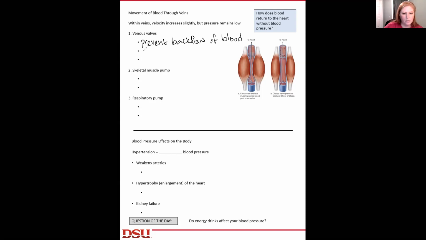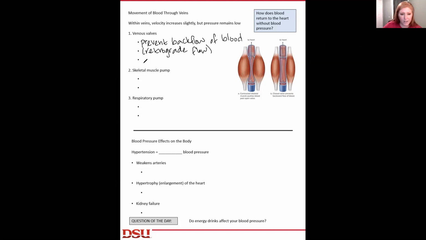This is actually also called retrograde flow. Okay. And then, oh, varicose veins. Varicose veins, you guys. That's what I was trying to think of. And I couldn't.